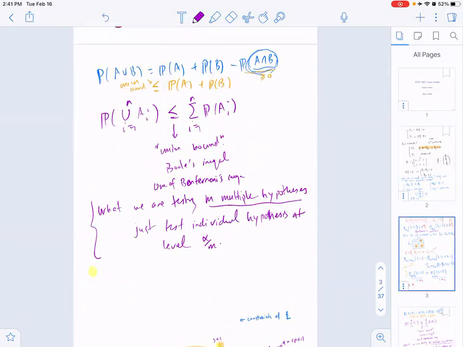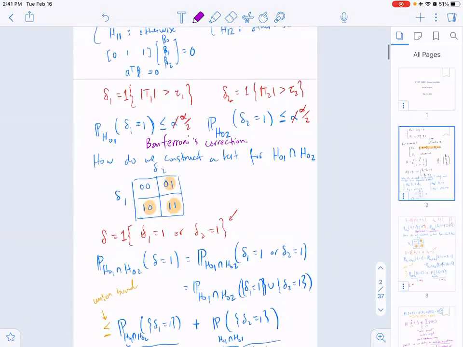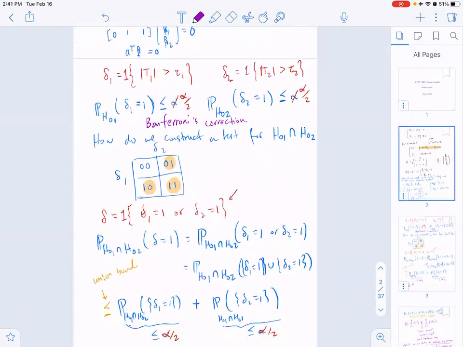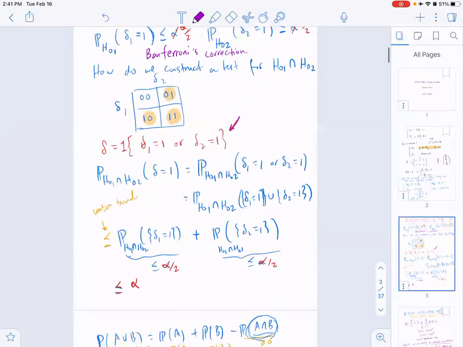So do this for yourself. This is just an extension of this. But I hope now you understand what this is about. This is an example of doing a multiple hypothesis testing problem by constructing tests for individual hypotheses, and then making the individual levels small enough such that when you combine them, so you build a test that rejects if either of these rejects, that test would have a type 1 error probability which is at most alpha.